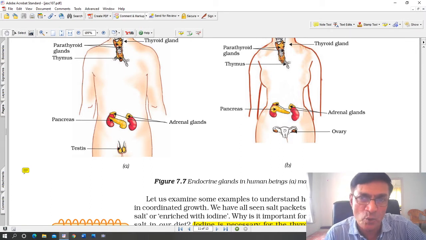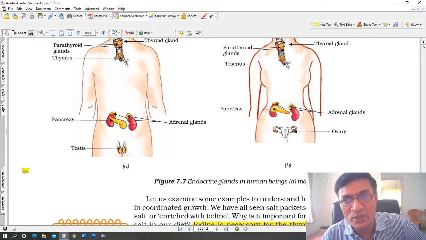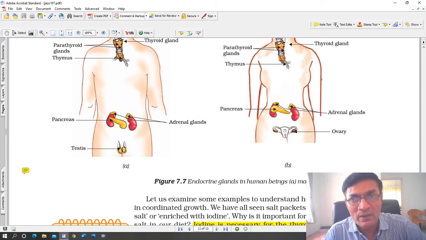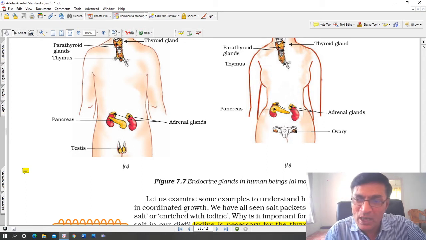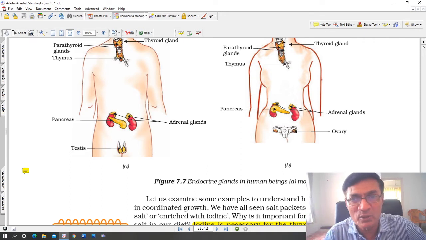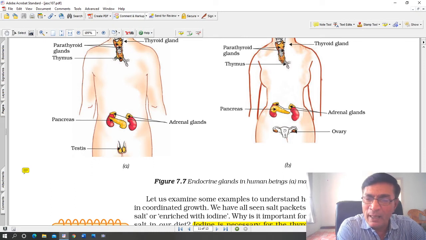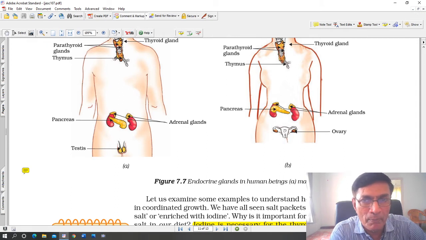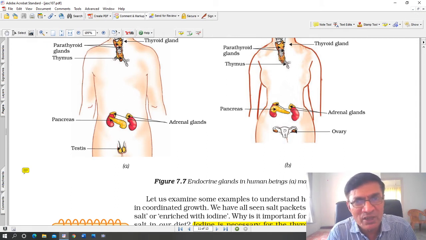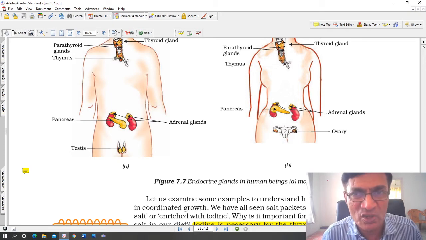One is called estrogen, the other is called progesterone. Estrogen and progesterone, both are secreted by the ovaries. They regulate secondary sexual characteristics in human females. The same thing happens, but the male sex hormone testosterone is secreted by a pair of testes in males. Other than this, both of them show the same type of hormonal glands and hormones.